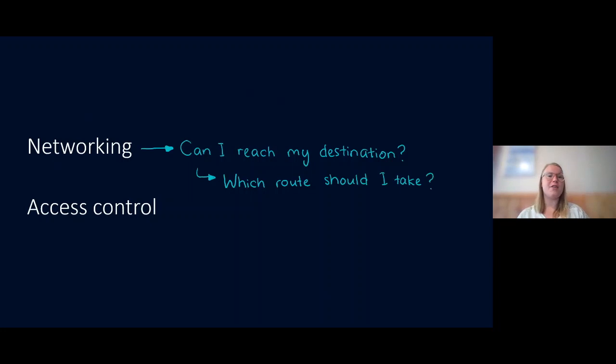But also, which route should I take to get there? So networking is really about what direction the traffic goes and whether it gets to the destination it's trying to reach. In that sense, we're looking at whether this traffic is allowed to get there or not. On the access control side, we're talking about, can I get in after I've reached my destination? And secondly, what can I do once I've actually gotten in? Those are the aspects we're going to talk about in this section.